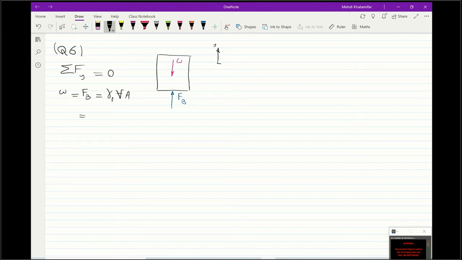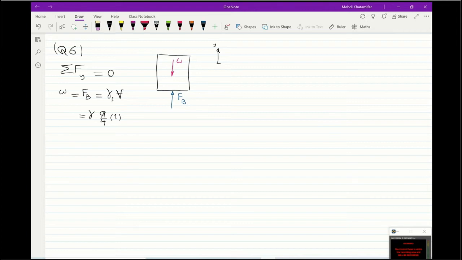So gamma times pi divided by 4 times the 1 foot diameter squared, oh, I made a mistake here.